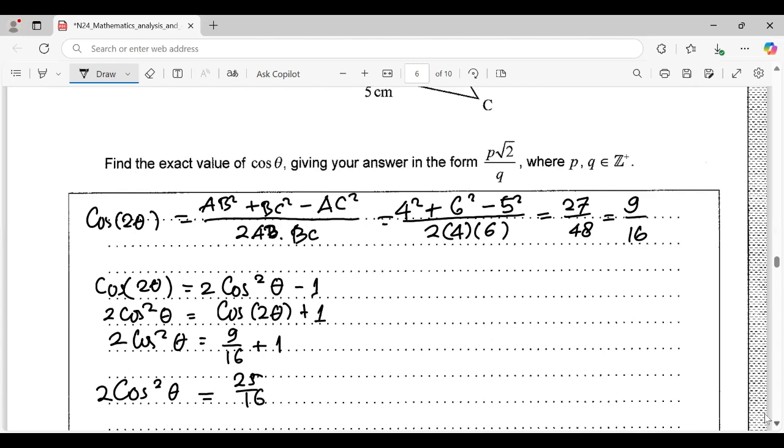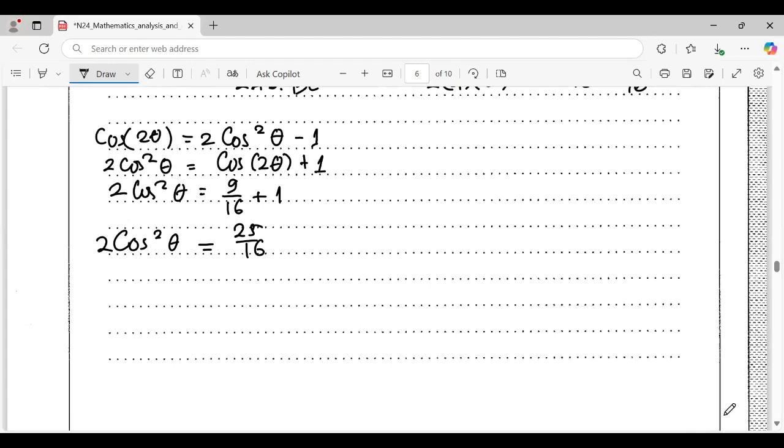25 over 16. After that, we are going to find cosine squared theta, which is 25 over 2 times 16, 32.